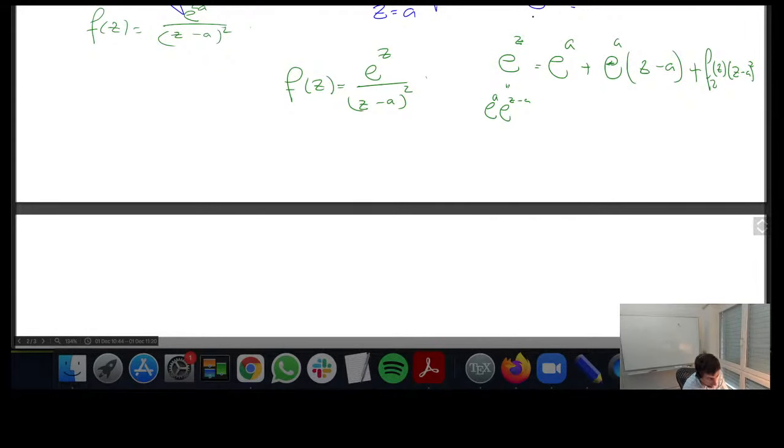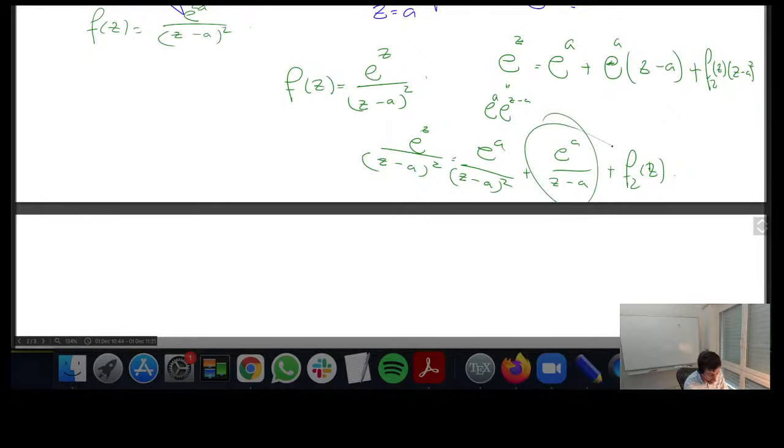If I take this and divide by z minus a squared, I get e of z over z minus a squared equals e of a over z minus a squared plus e of a over z minus a plus some holomorphic function. And then you directly compute the residue from here. The residue becomes e of a.